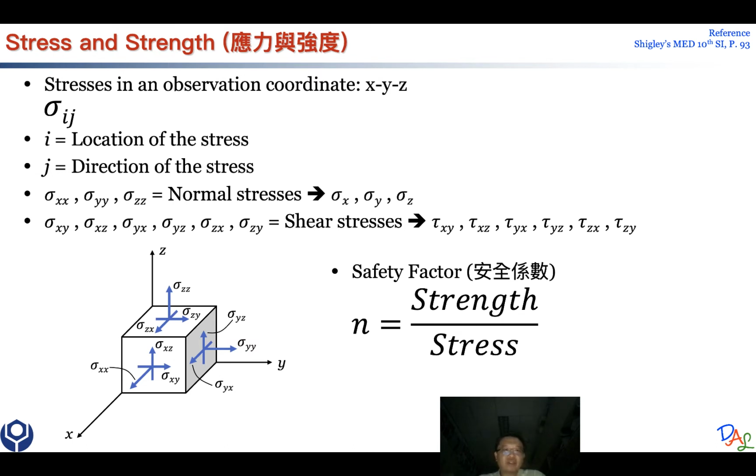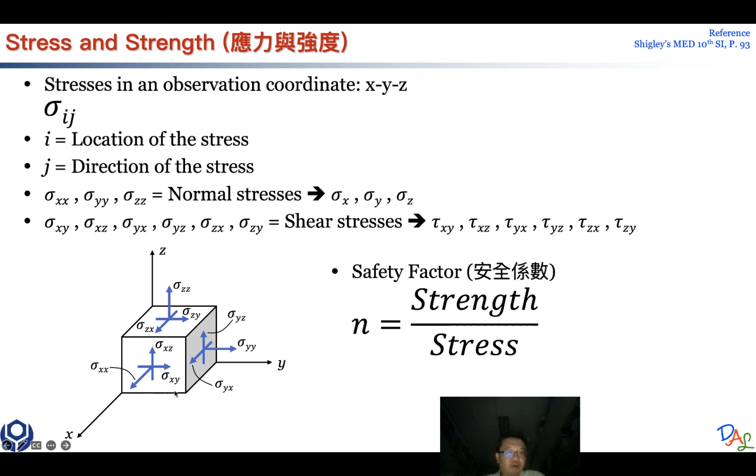So let's focus on the names of the stresses for now. So we use sigma, and we have two indices, i and j in this case. For the first index i, we specify the location of the stress.